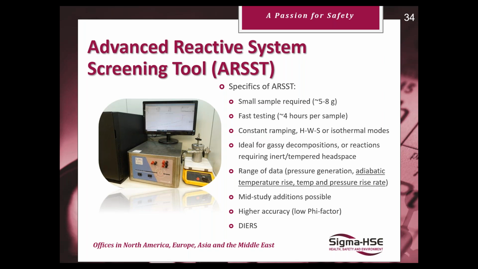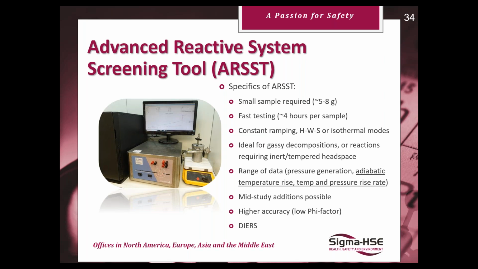The ARSST is very good for gassy decompositions or reactions that require tempering or inerting with nitrogen to simulate your reactor conditions, if we've got oxygen sensitive materials in there. And again, it can give a wide range of data: pressure generation, adiabatic temperature rise.